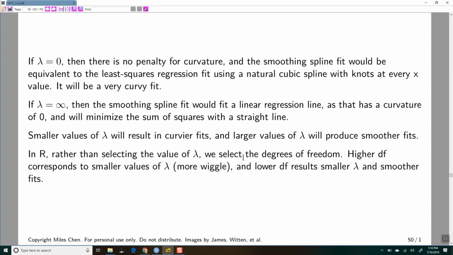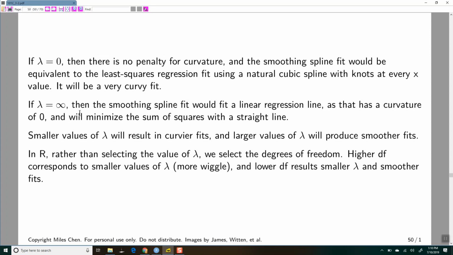If lambda is 0, there's no penalty for curvature, and that's equivalent to using a natural cubic spline with knots at every x value, and that's going to be terrible. It's going to be way too curvy. And if lambda is infinity, then it's going to penalize anything with any bit of curvature, and so it's going to basically force a linear regression fit.